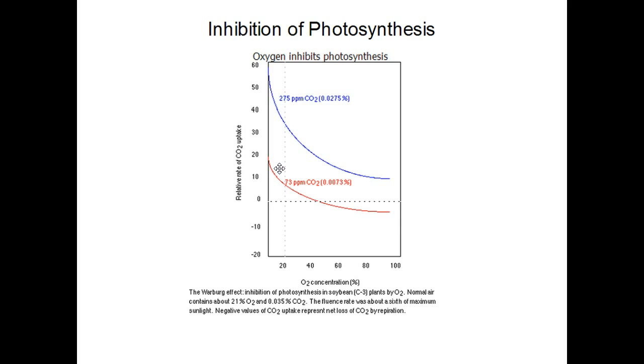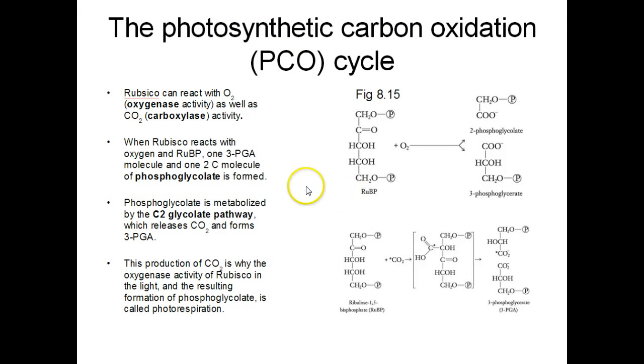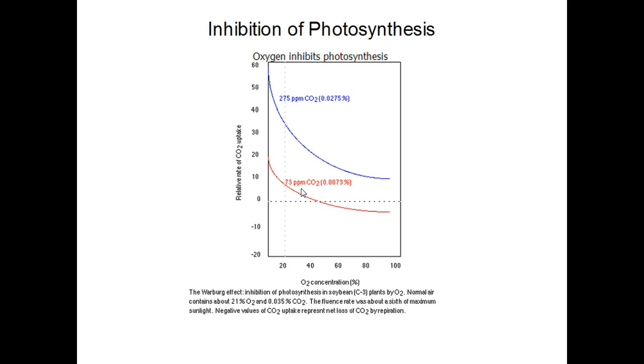Okay? That's because the enzyme Rubisco also can bind oxygen. Rubisco, which is the largest protein by weight, and it's what grabs CO2 and turns it into the stable triose phosphates, every once in a while can grab an oxygen.